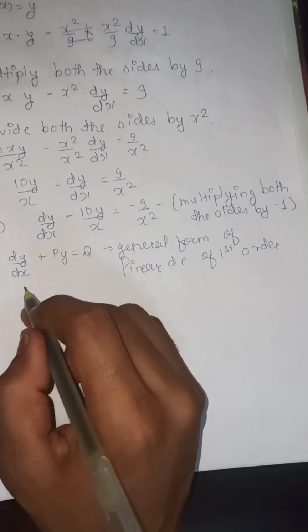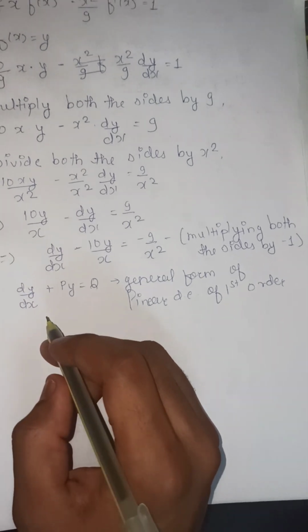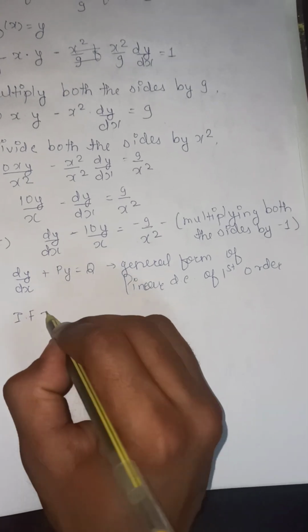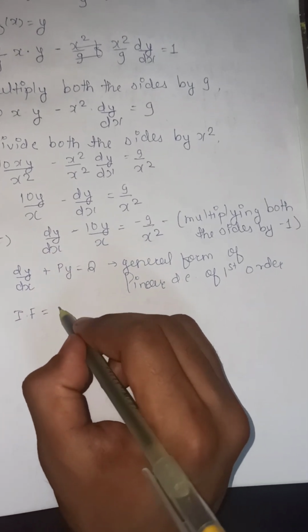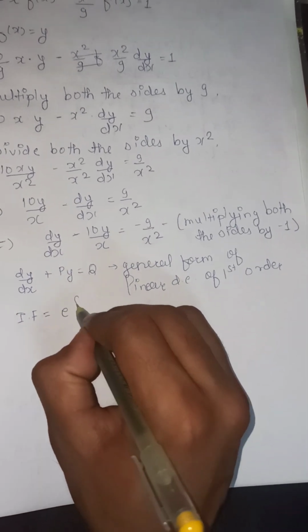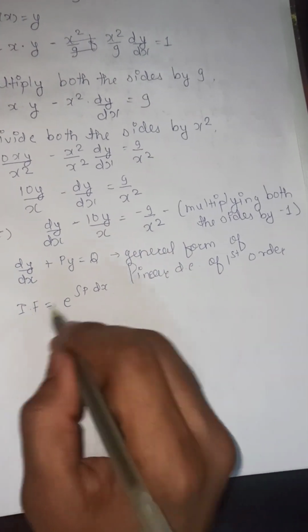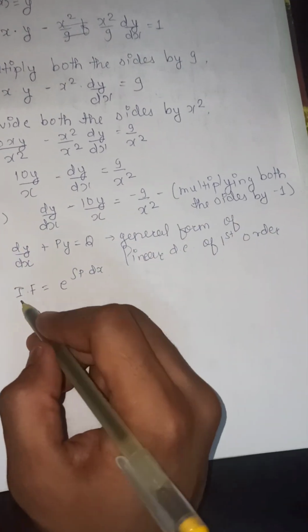And to solve it by the method of integrating factor, the general formula for integrating factor is e to the power integral p dx, right? And then we just solve.